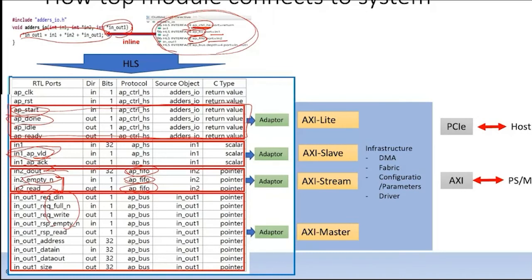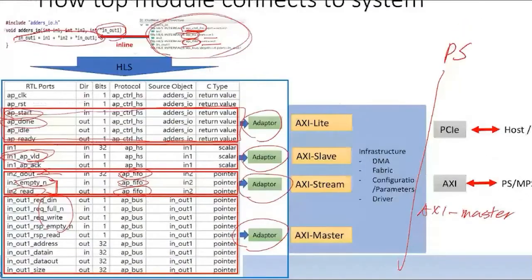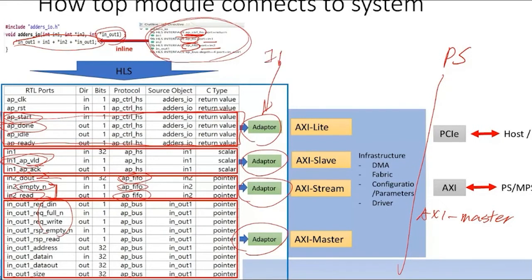And remember, to communicate with the PS, it has only the AXI master interface, right? So those protocol signals go through an adapter. The adapter is added when you're doing the IP generation.